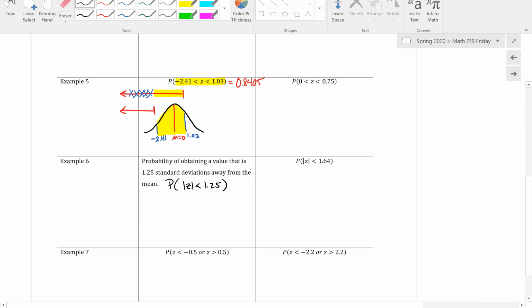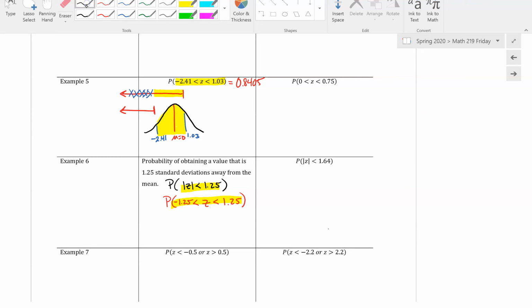So if I want to find the distance from the mean being 1.25, I want to say the distance here is less than 1.25. Now if you recall from algebra, the way you break this thing up, when your absolute value is less than some number, your z-score is sandwiched in between positive 1.25 and negative 1.25. Those are algebraically equivalent to one another.